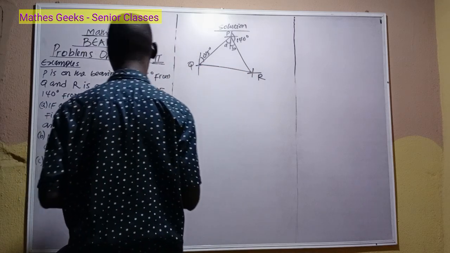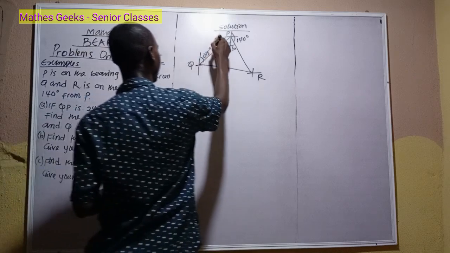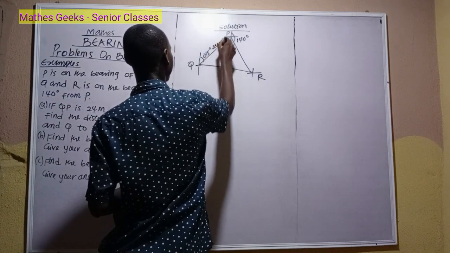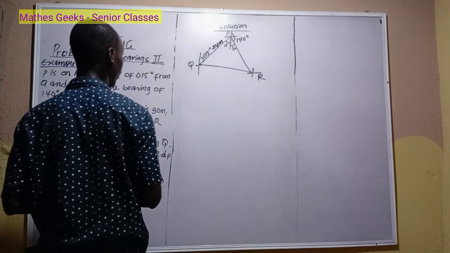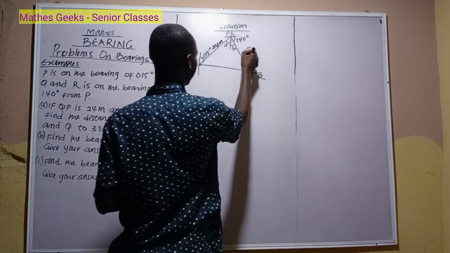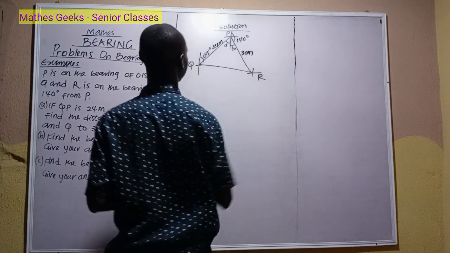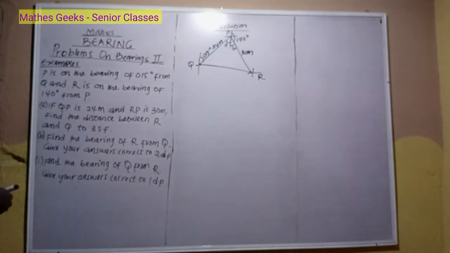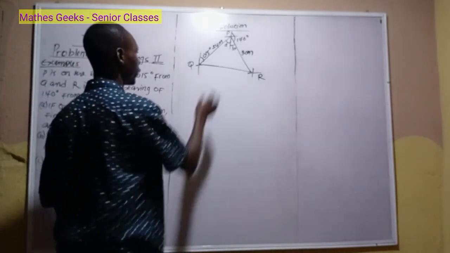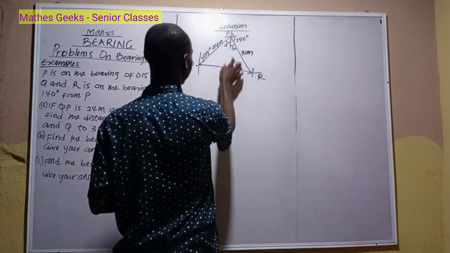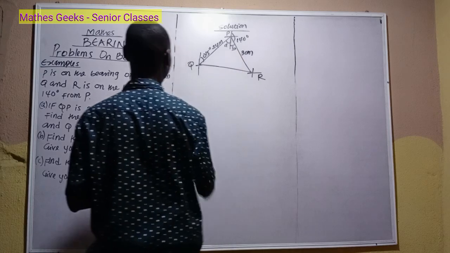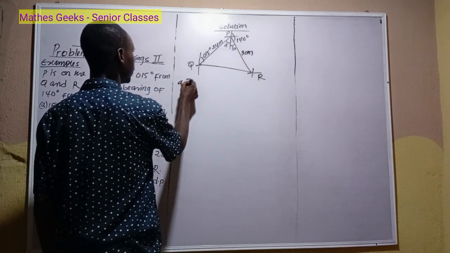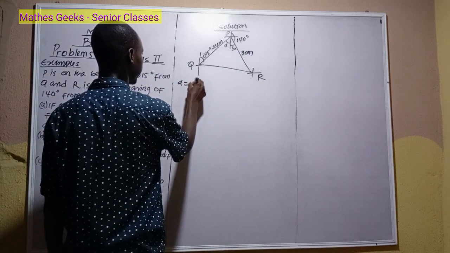So QP is 24 meters, and PR is 30 meters. The question says find the distance between R and Q. So we're looking for this side, and for us to do that, we need to get A. So let's analyze. A is equal to 15 degrees.